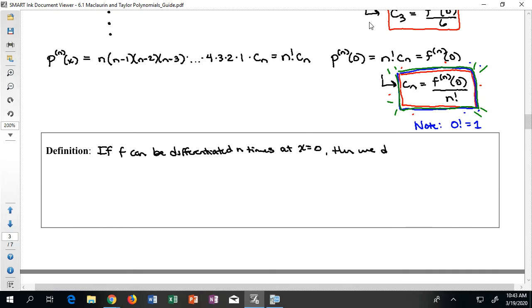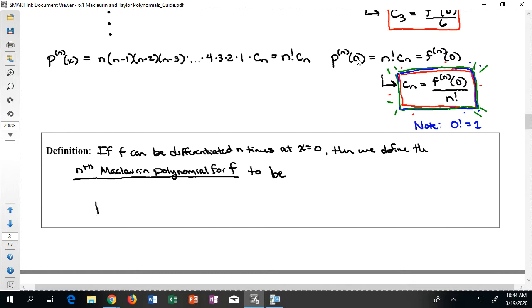Then we define the nth Maclaurin polynomial for f. This is the big name here that we're defining, an nth Maclaurin polynomial for that function, and we write it like this. We'd write a P of x, we just put a little subscript of an n on it right there. That way we know it tells us what the degree of that polynomial is.